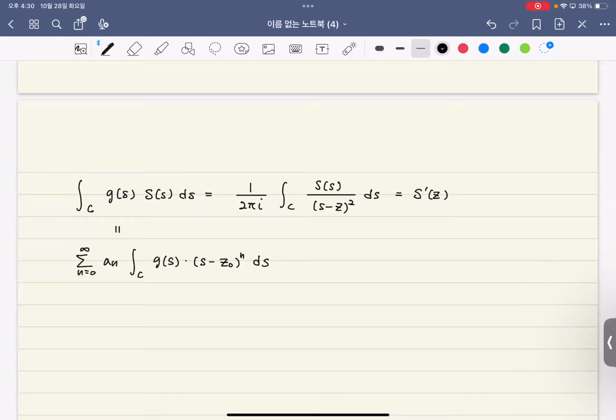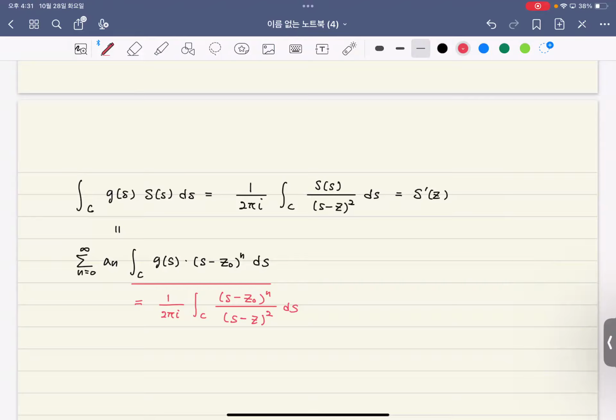Okay. And this is what? This is 1 over 2 pi i times the integral over C of (s minus z0)^n over (s minus z)^2 ds.